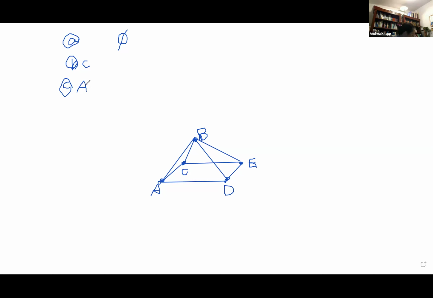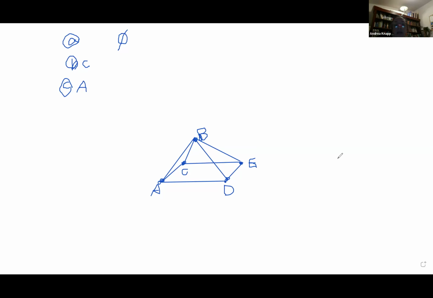Part D is a pair of skew lines, and E is parallel. Skew lines never touch, but they're not in the same plane, so they're not parallel.